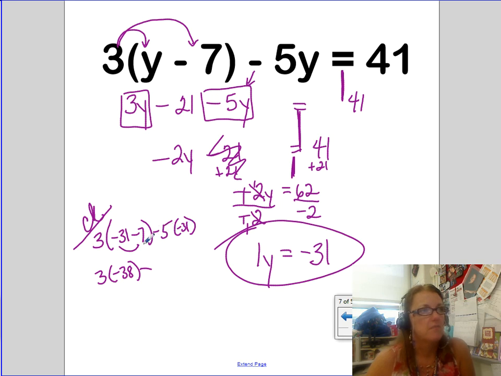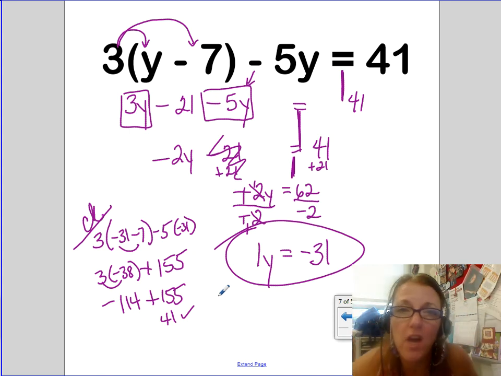Negative 5, basically think of it as like negative 5 minus 5 times negative 31 is going to be positive 155. 3 times negative 38 is negative, let's see, negative 90 and 24, negative 114, I think, plus 155. All right, add them up and, is it true? Is it true? I get 41.